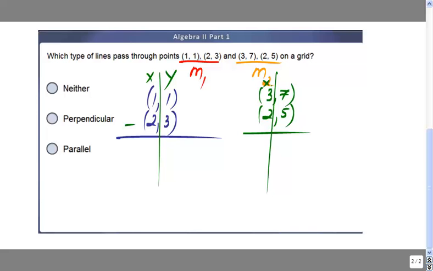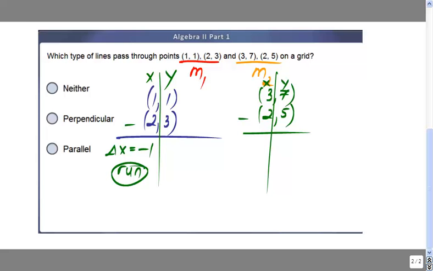Same story here. You have x and y. Subtract the bottom from the top. X minus x, y minus y. 1 minus 2 is going to be -1, right? That's your change in x, or delta x, or the way we call it in elementary and middle school, that's your run. Okay?